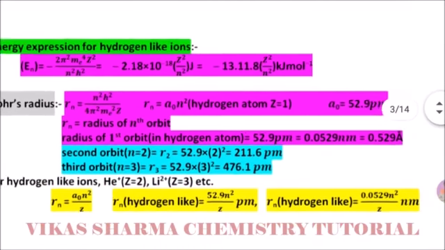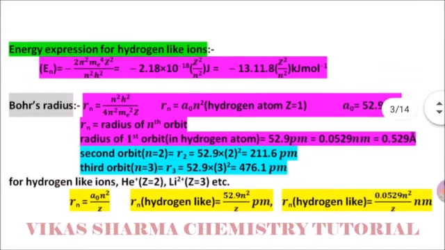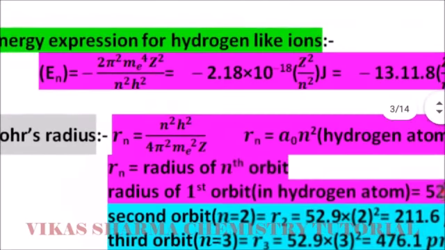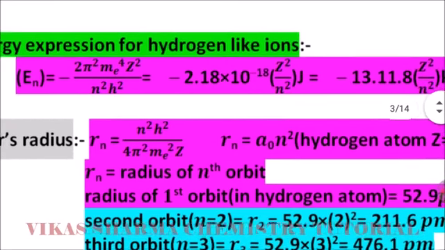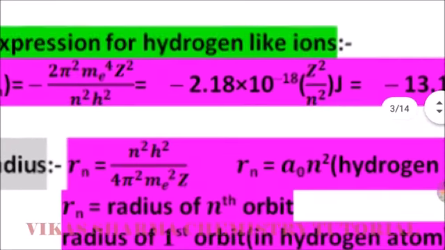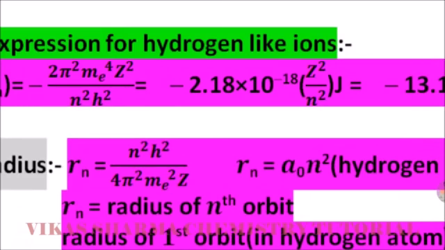The second type of formula is used for the energy expression of hydrogen-like ions, meaning those atoms which have only one electron in their shell. The energy of the electron is equal to minus 2π² m e⁴ Z² divided by n² h², where Z is the nuclear charge.